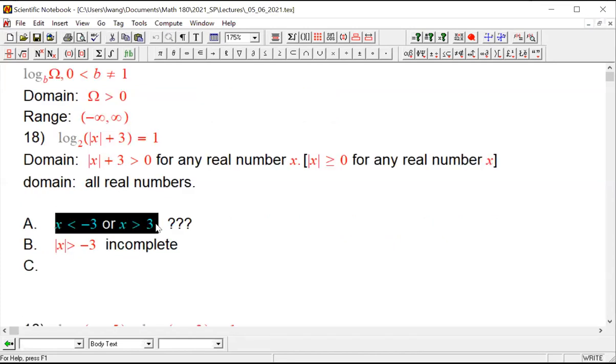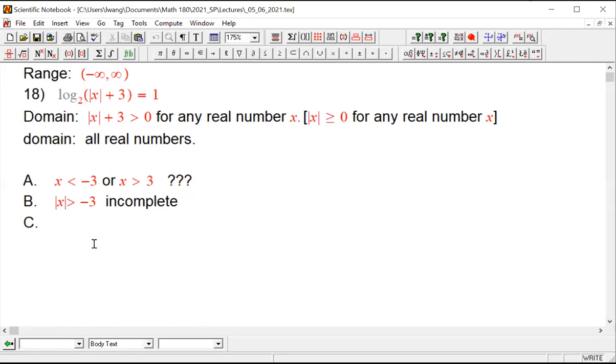But why did we fall into here? In my observation, a lot of our students, when they solve this inequality and get to the next step, make this mistake.